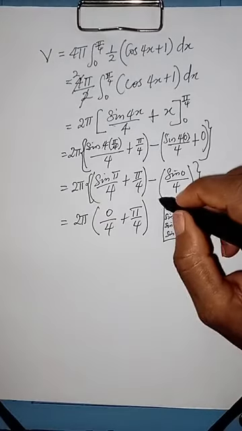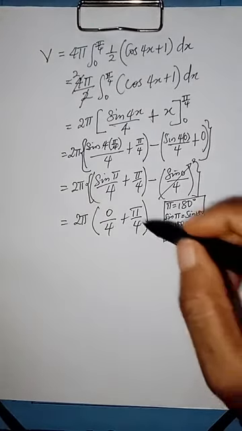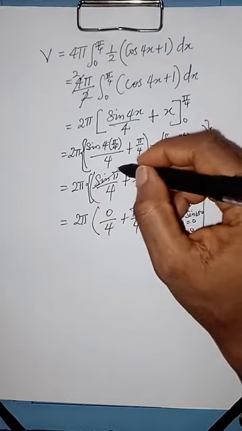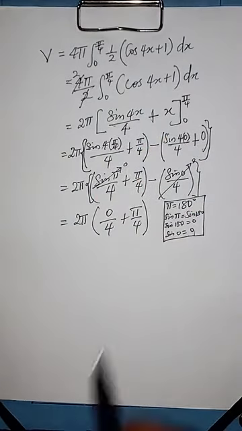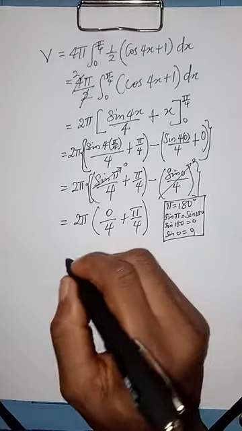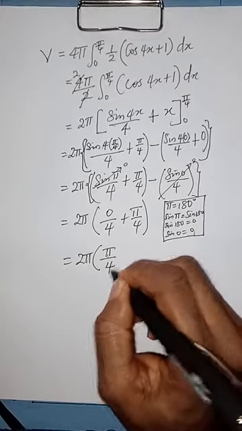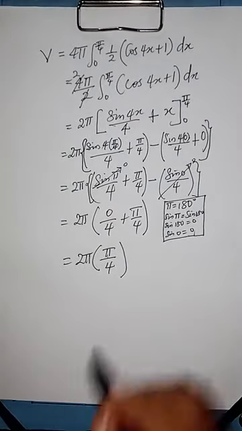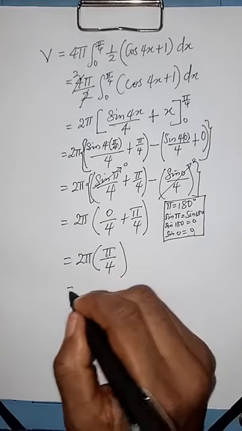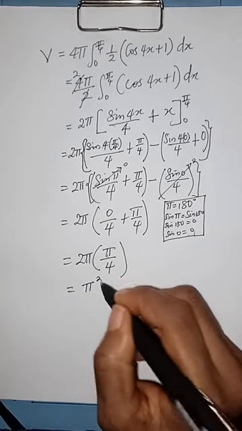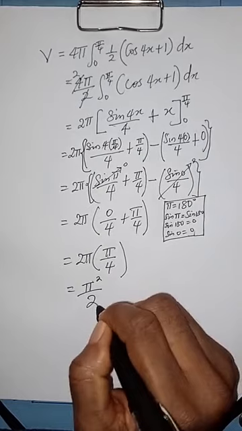So that's how this became 0, and then this numerator also became 0. So when 0 divided by 4 is 0, I'll be left with 2 pi divided by 4. And if this cancels out, it's going to be pi squared divided by 2.